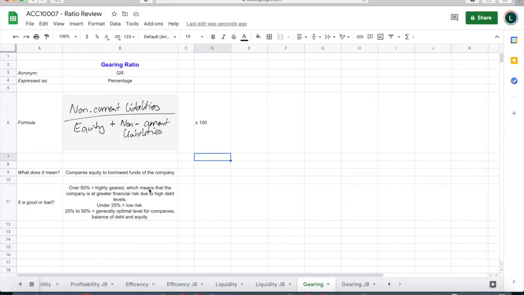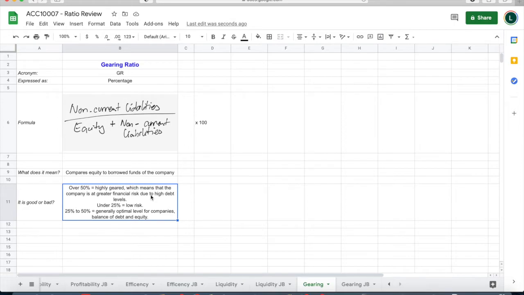So down here, we've got a little rule of thumb. How do we know if it's good or bad? It is basically, again, based on industry, but we do have a little bit of a rule of thumb here. So if it's over 50%, it means that it's highly geared, which means that the company has higher debt than equity. So it means it's at a greater financial risk. If it's lower than 25, that means it's low risk. Why?